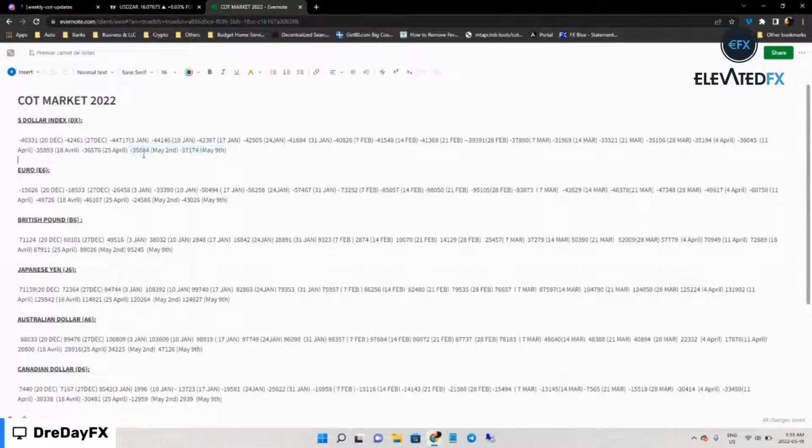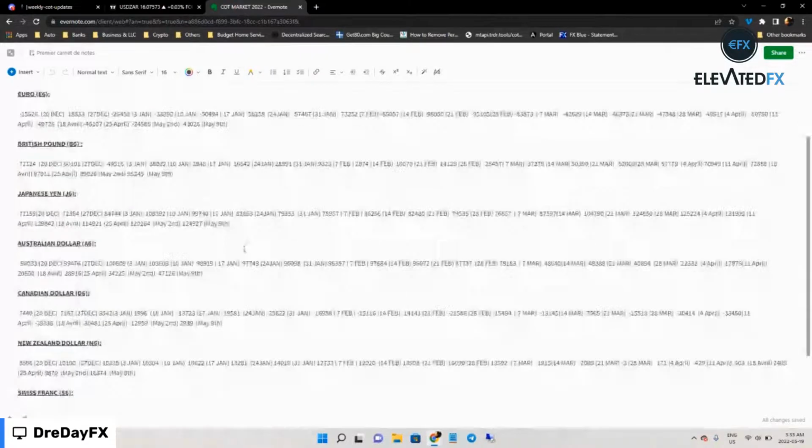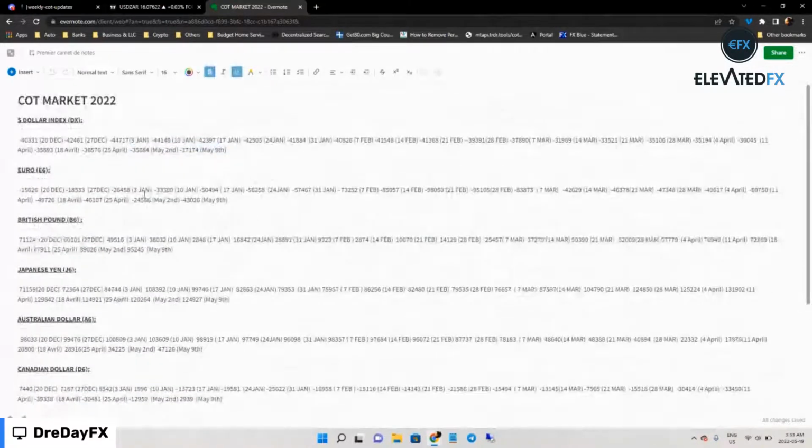If it's going down in net value, that means the US is going up for the week. Okay. But what I look at is the actual difference. This one is a difference of around 2,000 contracts, but this one is a big difference.